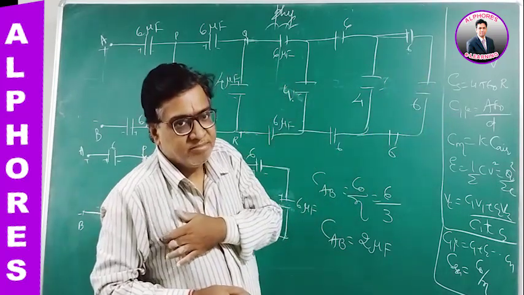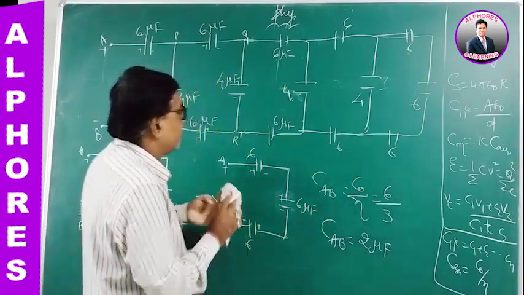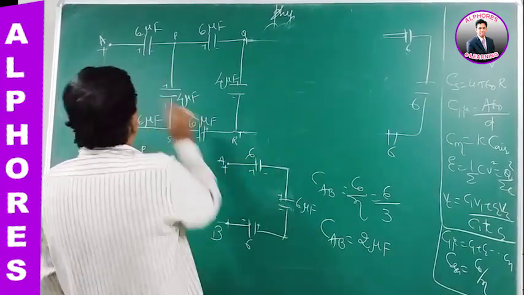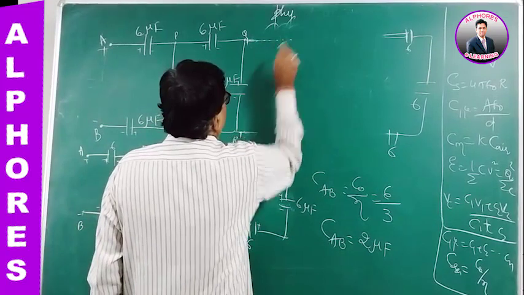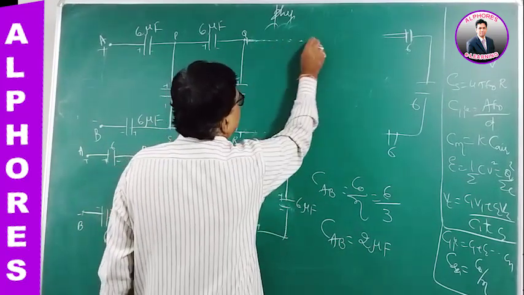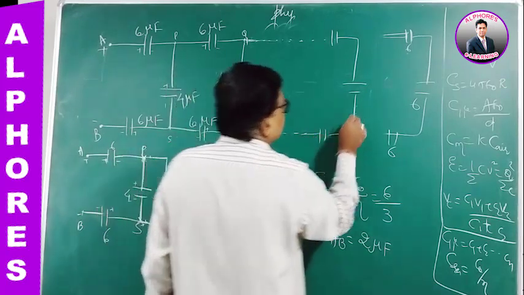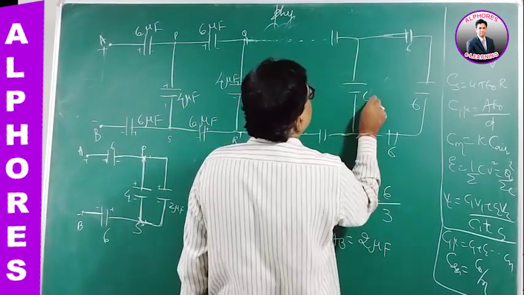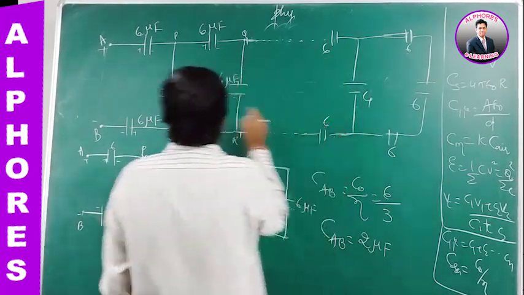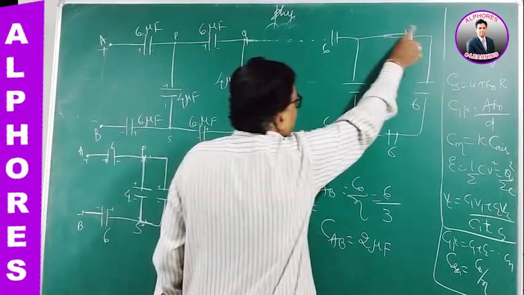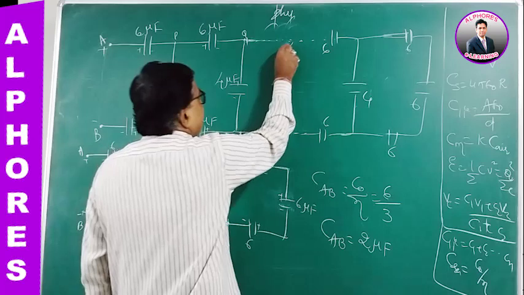Infinite. Then suppose the problem gives you the same problem: there is an infinite ladder like this, dot, dot this way. This is 4, this is 6. So in between all are 4, the top and bottom are 6, but the last one is 6, infinity there.